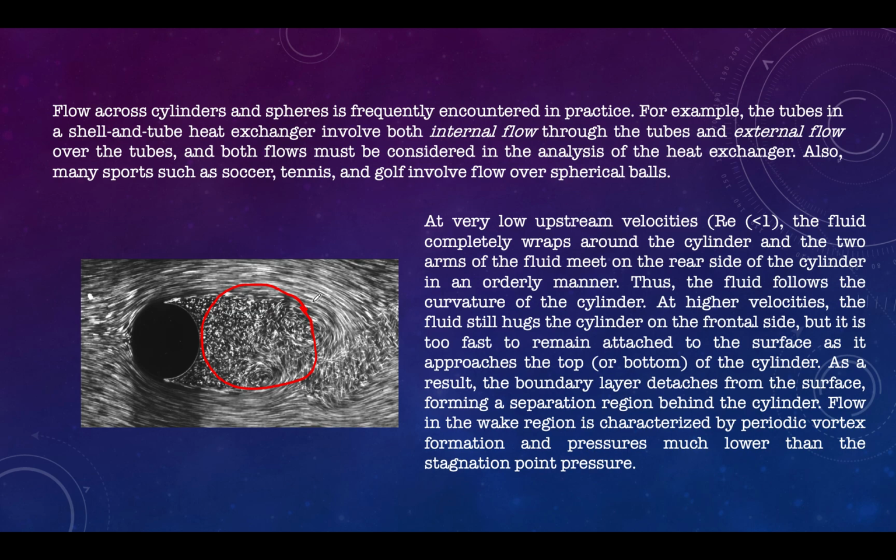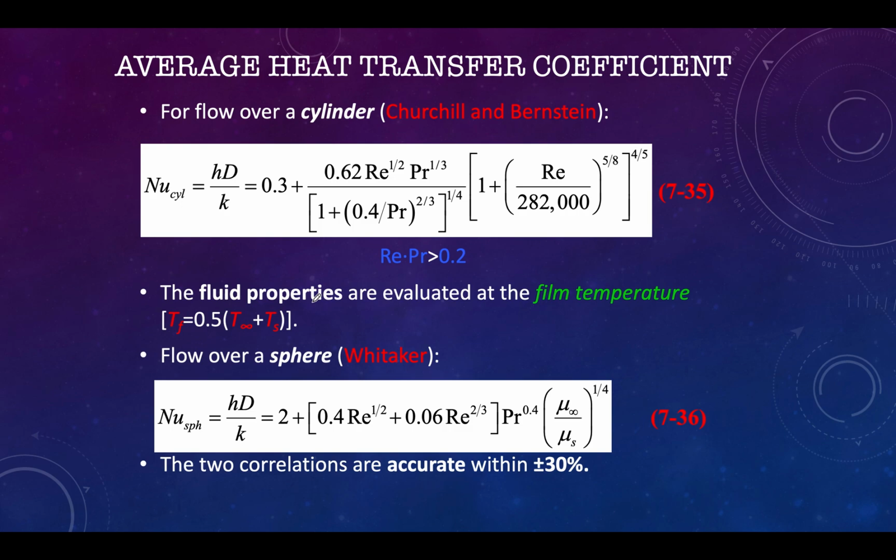So that is how the fluid flows over a cylinder or a sphere. There are so many equations available, and so many available literatures that show how to calculate the heat transfer coefficient.